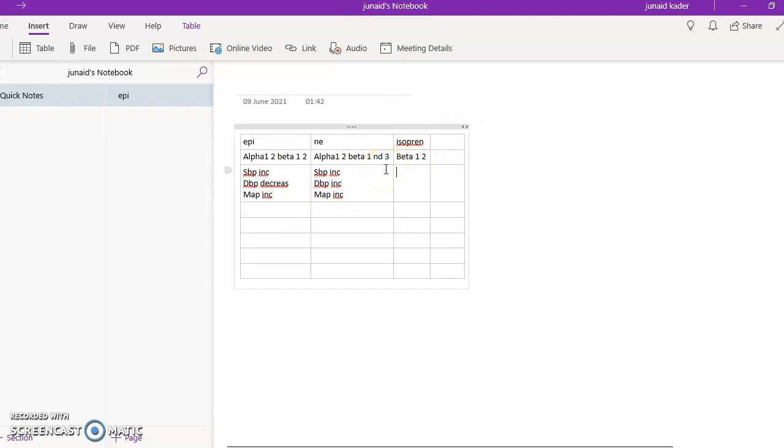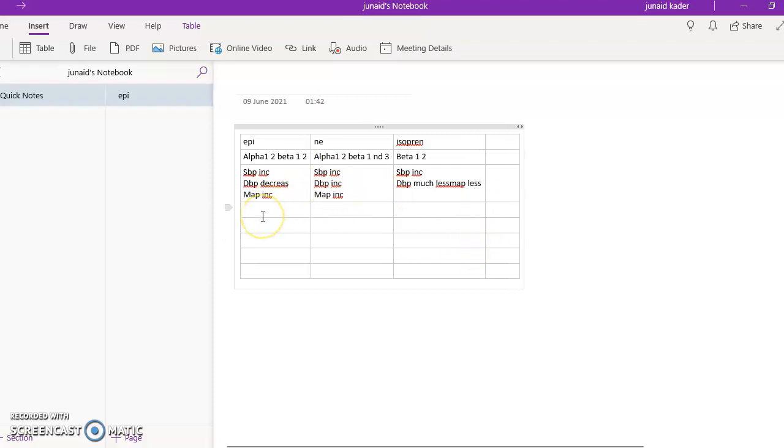So here also systolic BP increases. Diastolic BP falls much more, and mean BP is also less.